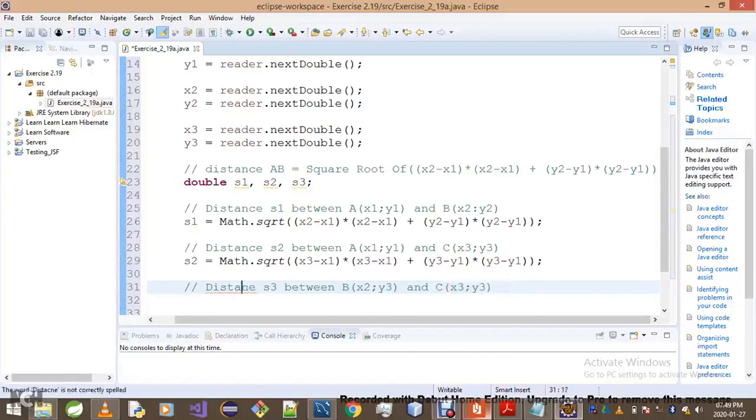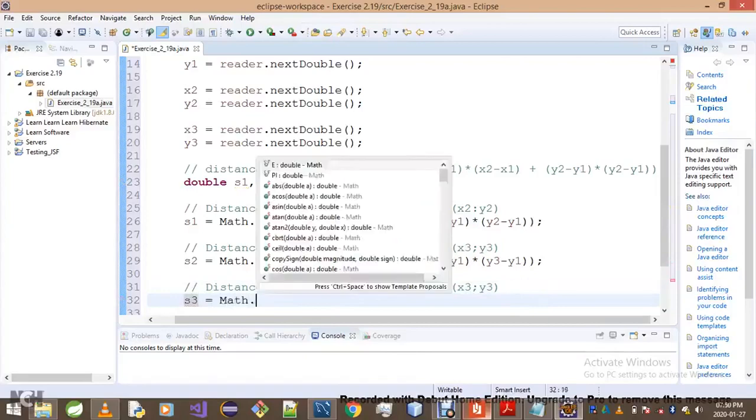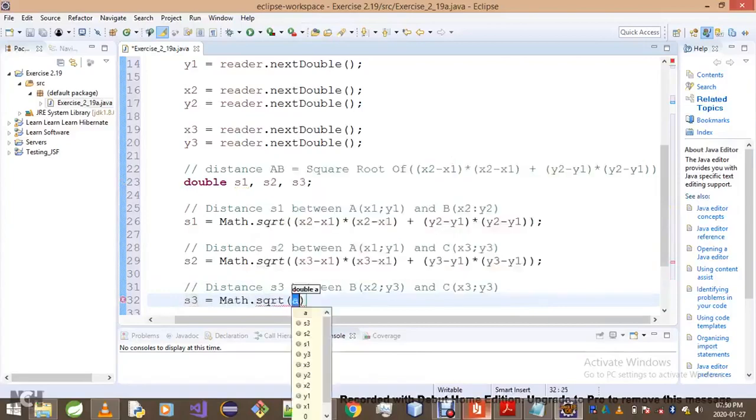The distance S3 between B and C is, oh, I don't have to put the word is because this is nothing else but a comment. Okay, so let me just go math dot square root again. Square root of what?